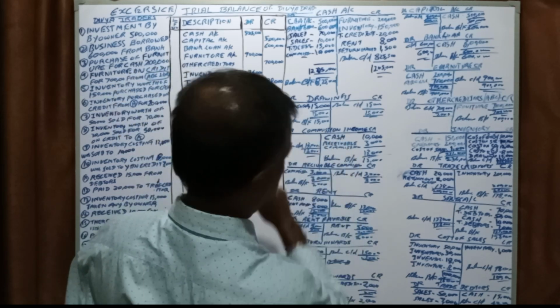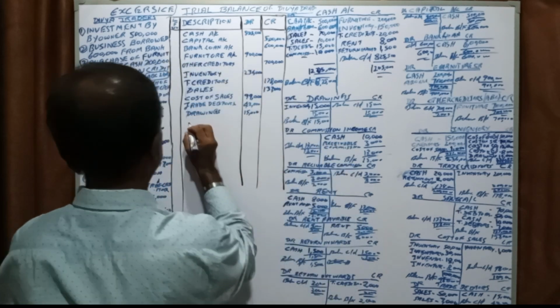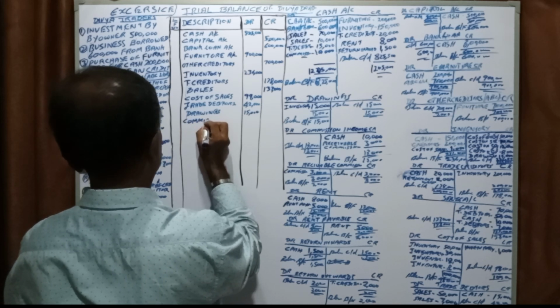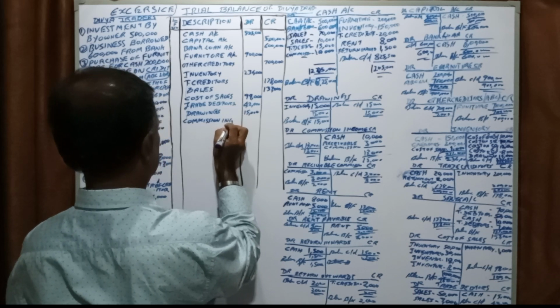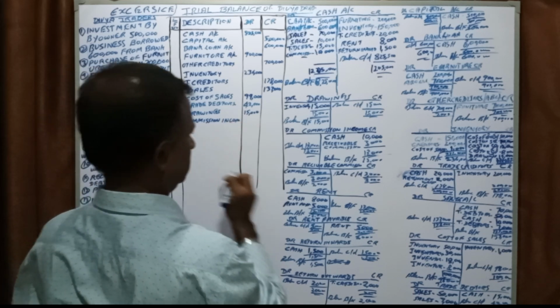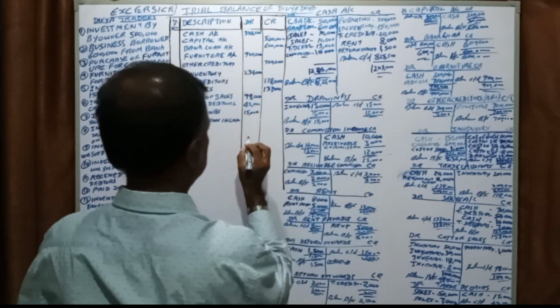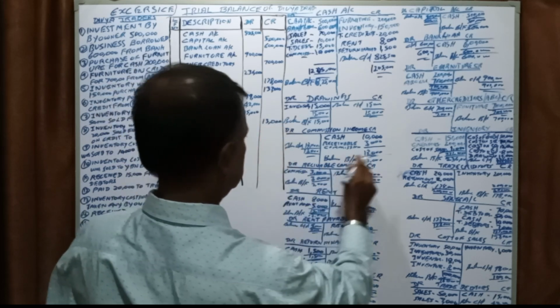Okay, debit balance. And commission income is 13,000 credit. Revenues are credit. Okay, 13,000.